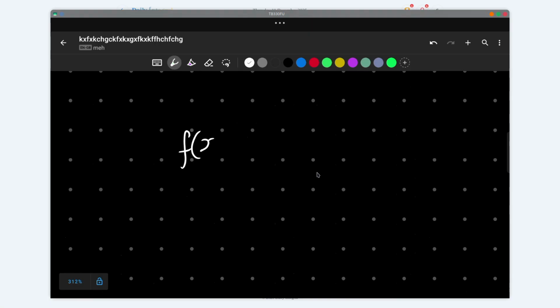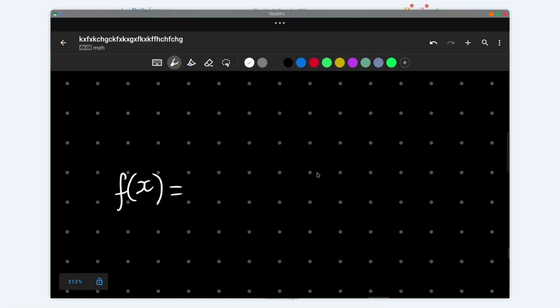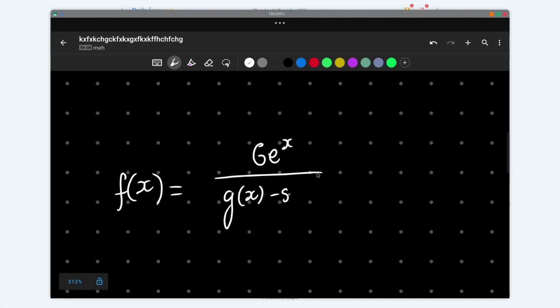F of x is equal to what? 6e to the x over g of x minus sine of x.